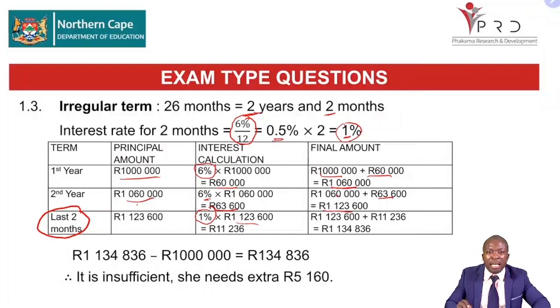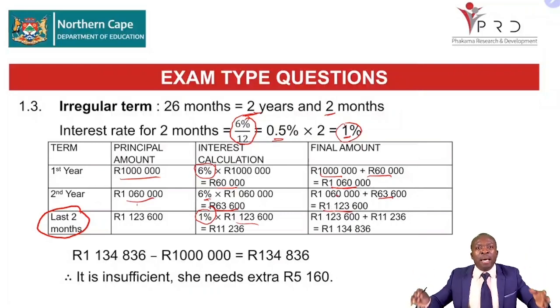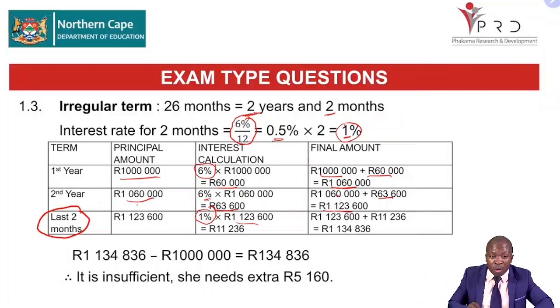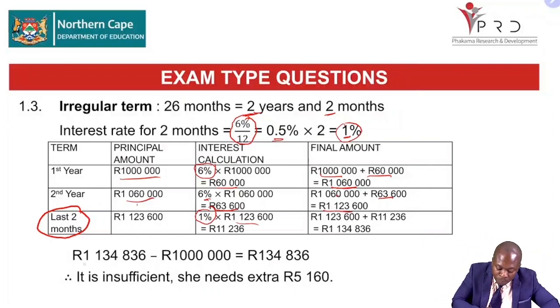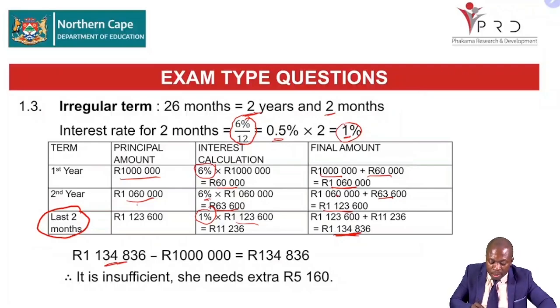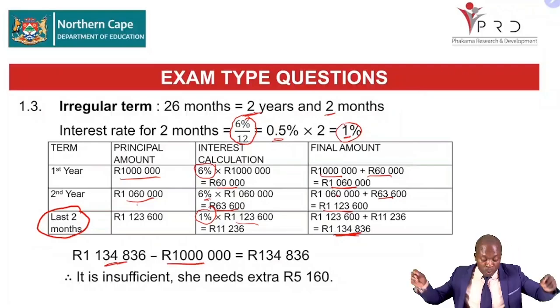We add. My learners, you must ask ma'am or sir to pause the video so that you can see this. You calculate on your own. Again, I'm going to say it: practice makes perfect. So all in all, how much is the trip? 140,000. So let's go. We have 1,134,836 minus the 1 million which we started with.